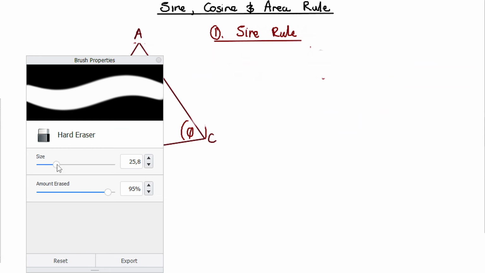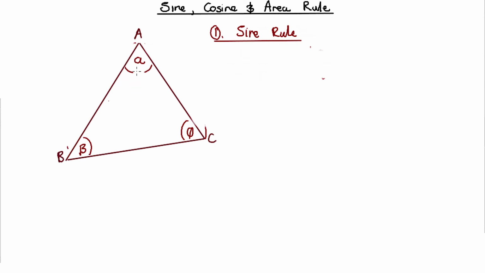I just want to show you how to apply the sine rule. So let's erase this part and this part, and go back to this problem we had. Now we want to calculate angle B, angle C, as well as the unknown side AB.